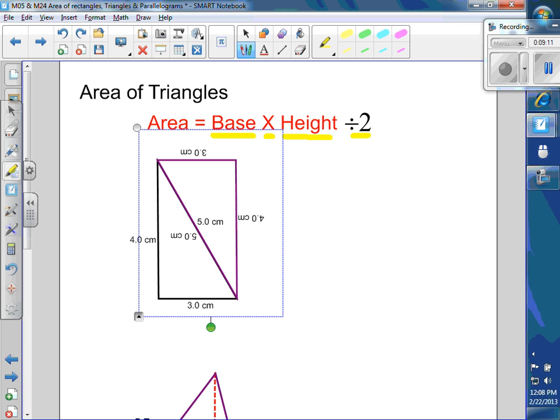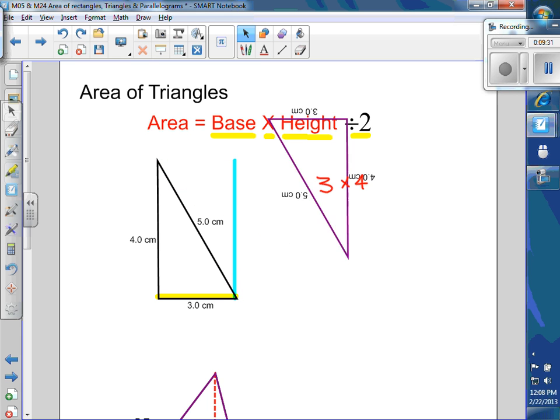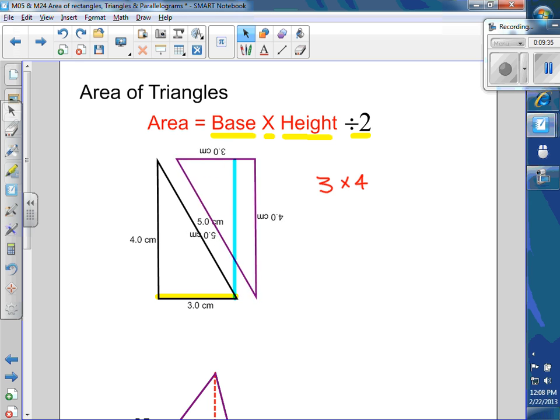So we just talked about finding area of a rectangle, and that's base times height. So if I wanted the area of this whole rectangle, I would do the base, and then I would multiply it by the height. But remember, I only want the area of that triangle, which is exactly half the rectangle.